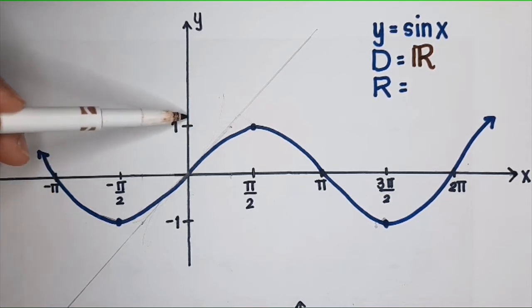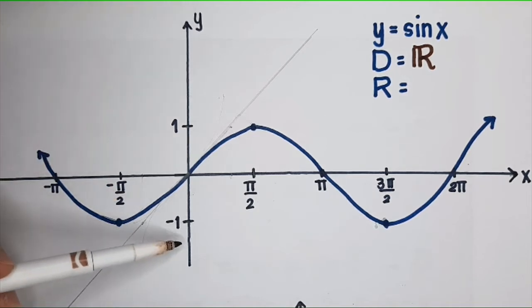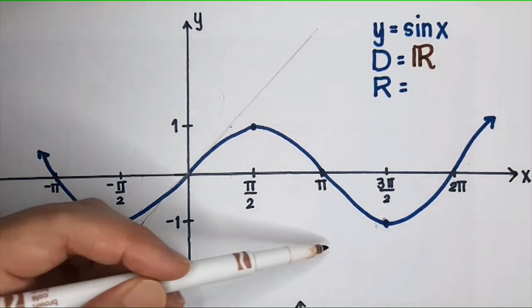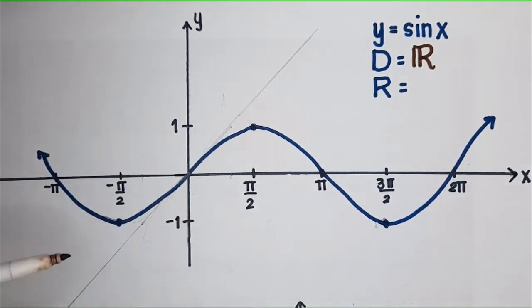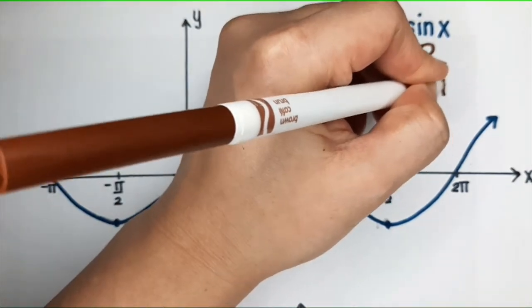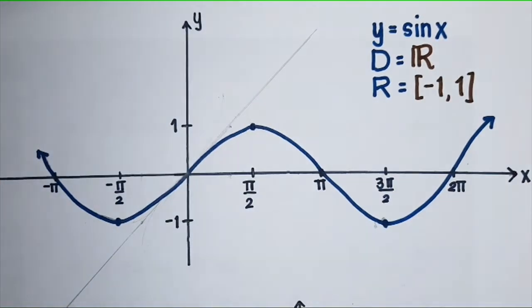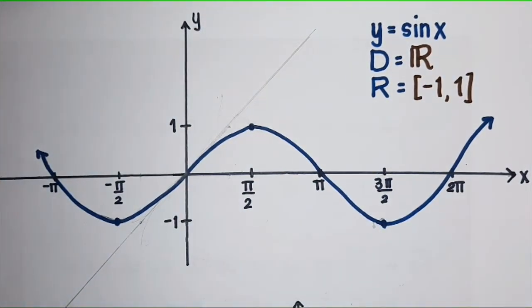Pero kapag lagpas na sa 1, wala nang graph yung y equals sine x. Dito rin sa ilalim ng negative 1, wala namang graph yung sine x. So that's why the range of y equals sine x is from negative 1 up to positive 1. Alright? Okay.